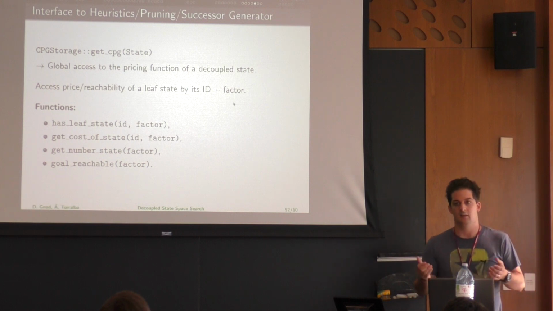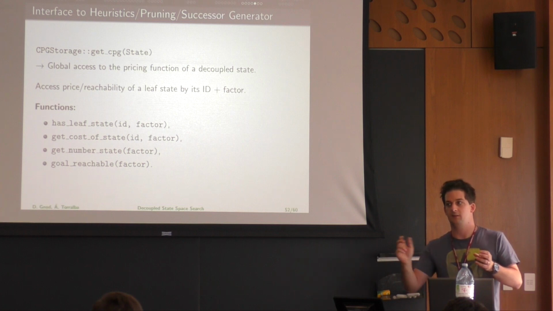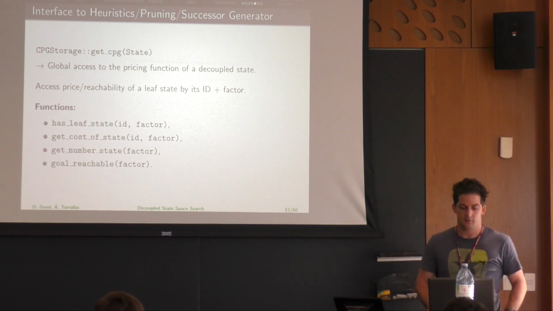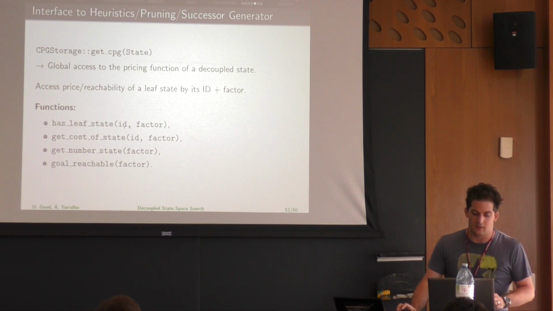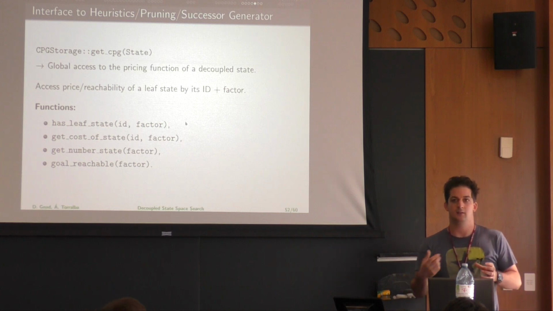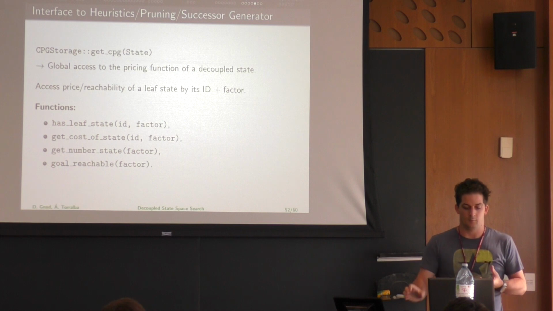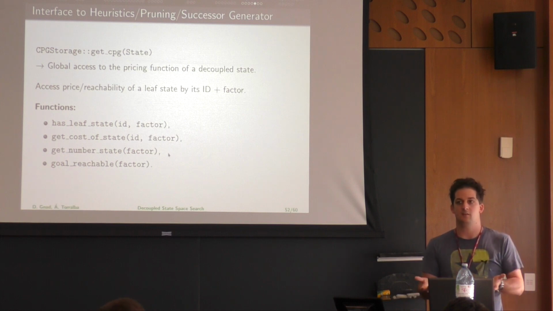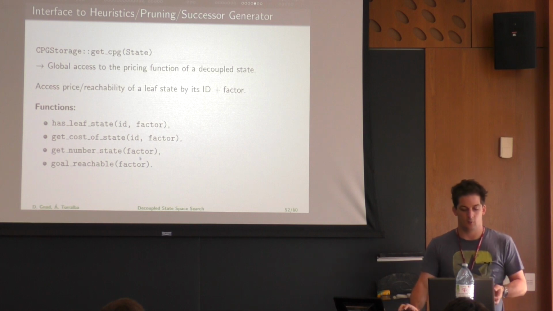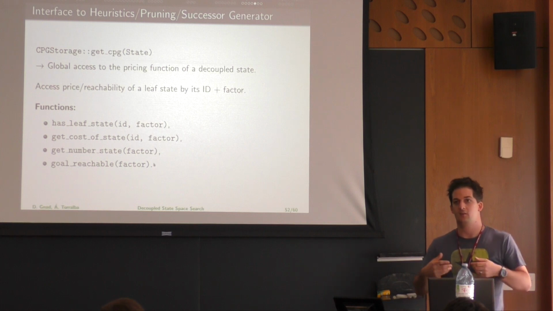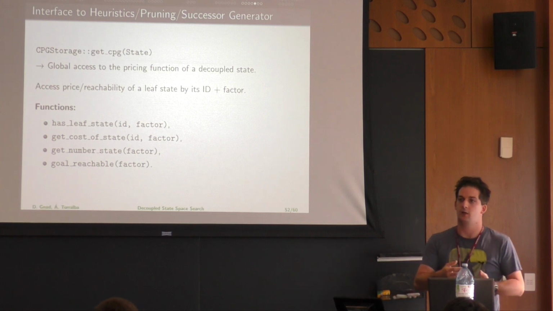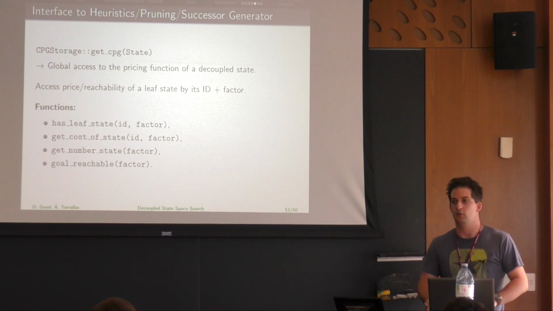As I said, the indexing is via leaf state IDs plus the ID of the leaf vector of this leaf state. You can ask if a leaf state is reachable in a compliant path graph. You can get the cost of this state. You can query how many leaf states there are in the compliant path graph, and also if the goal is reachable, so if there exists a leaf state with finite price that is reachable.